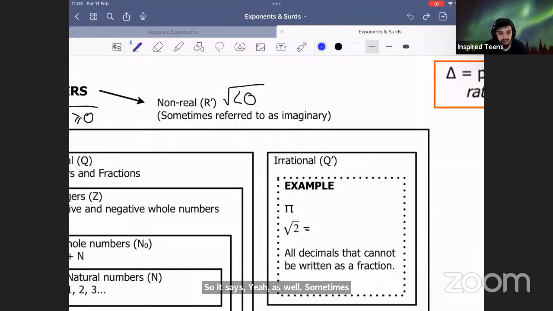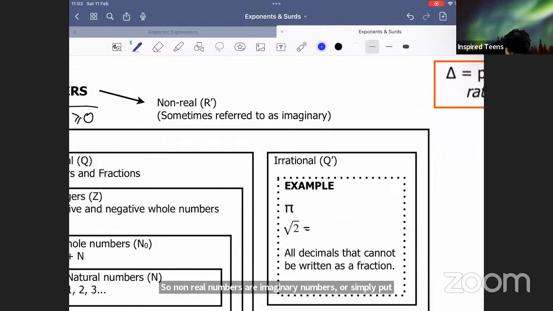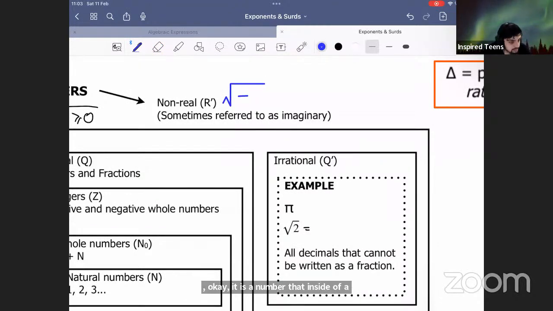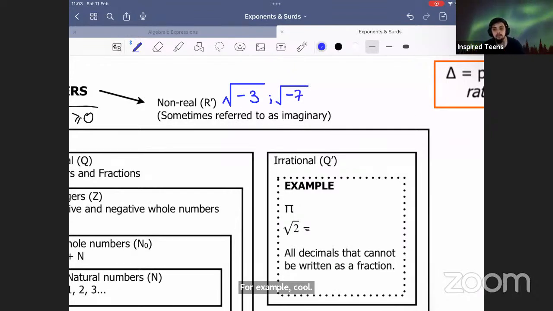So non-real numbers are imaginary numbers, or simply put, it is a number that inside of a root has a negative. It could be -3, for example, or -7. This is what we would refer to as a non-real number.